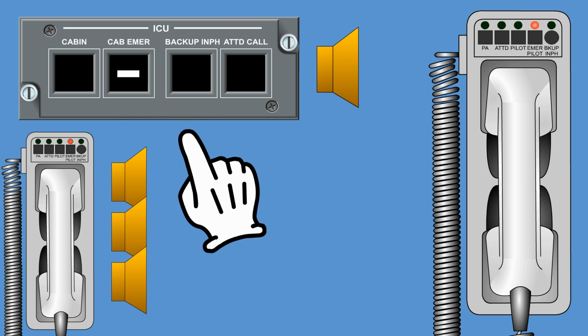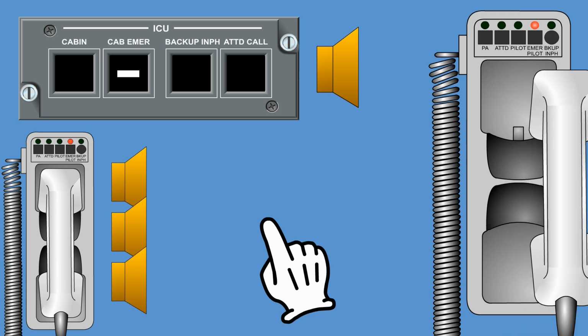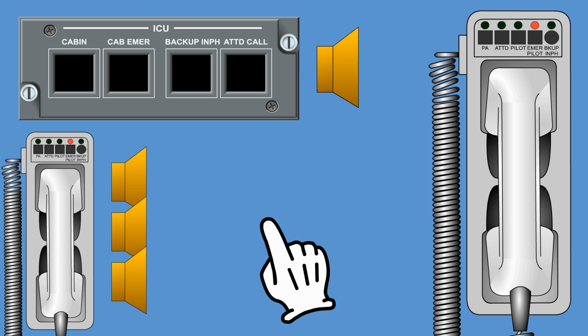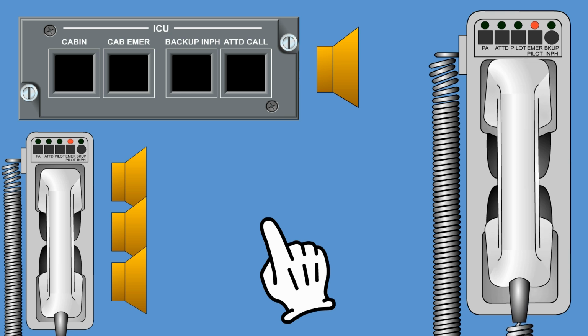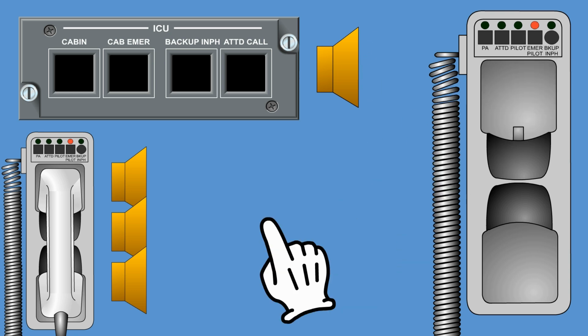When the flight crew calls the cabin in case of an emergency, a chime will be audible and the LED will be on steady. If the phone is then picked up from the cradle and put back down, the mode is cancelled. If the phone is taken off the cradle and the pilot button is pushed, the LED above the button will be flashing, and normal communication with the flight crew is enabled.